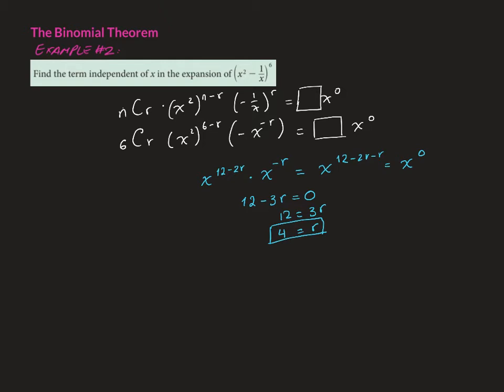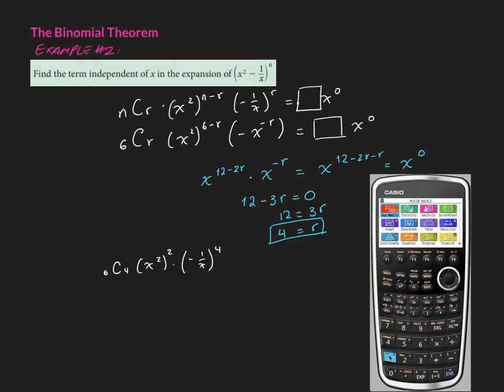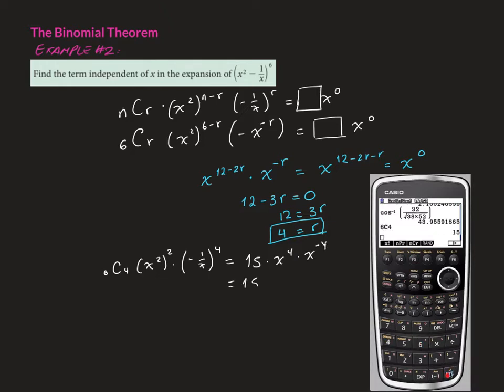So the term independent of x is 6C4, x squared to the power of 6 minus 4, which is 2, times minus 1 over x to the power of 4. This is equal to 15 times x to the power of 4 times x to the power of minus 4, and this is equal to 15.